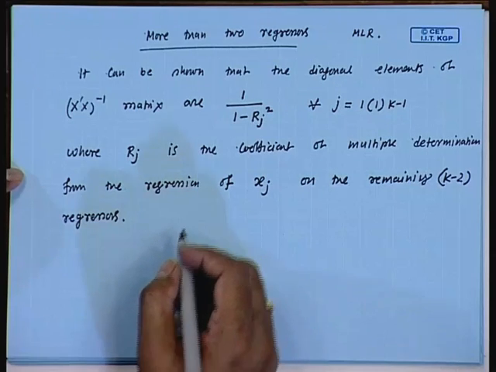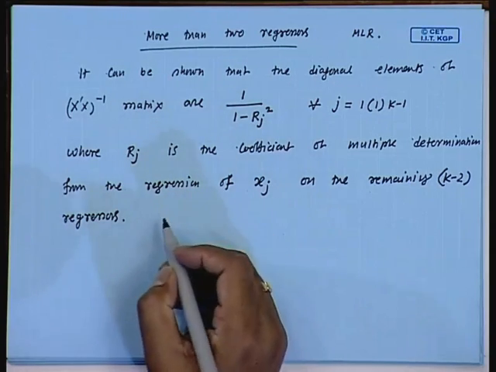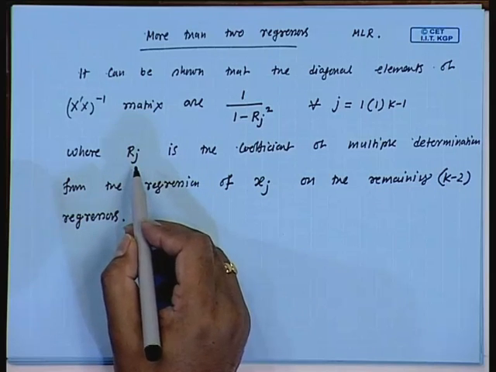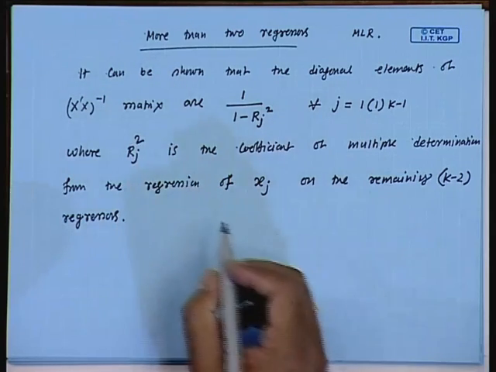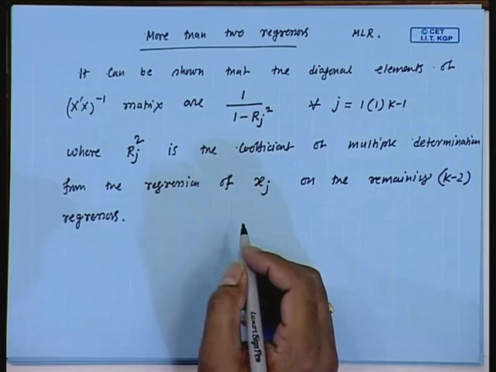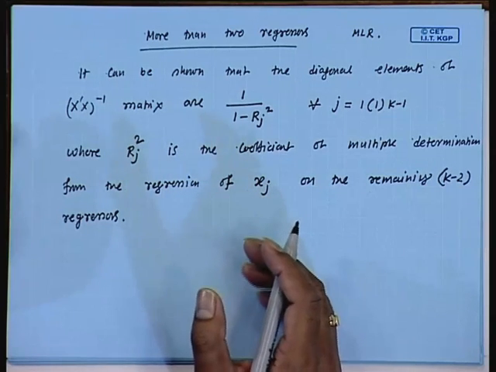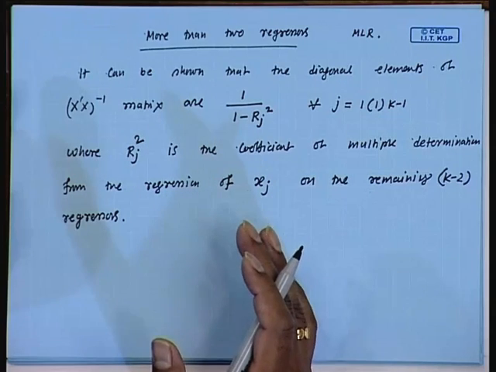Okay, I think I need to explain this here. Rj square is the coefficient of multiple determination. We know what is coefficient of multiple determination in multiple linear regression model. That is R square is equal to SS regression by SS total, and this parameter measures the proportion of variability in the response variable that is explained by the regressor variable.